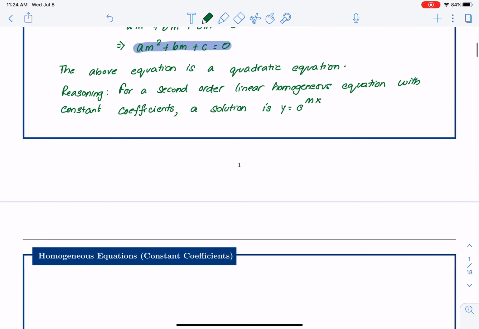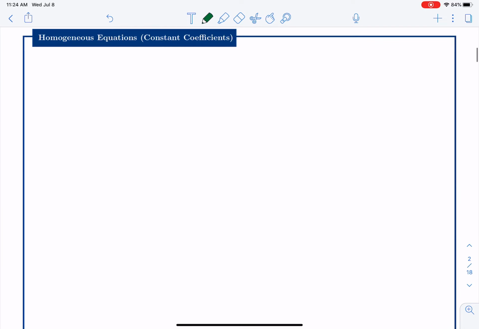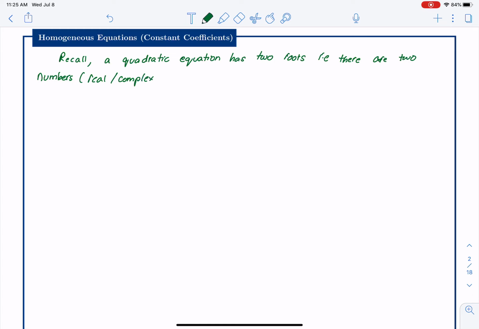That said, the quadratic equation has two roots, i.e. there are two numbers, and they could be real or they could be complex, which satisfy a m squared plus b m plus c equals 0.